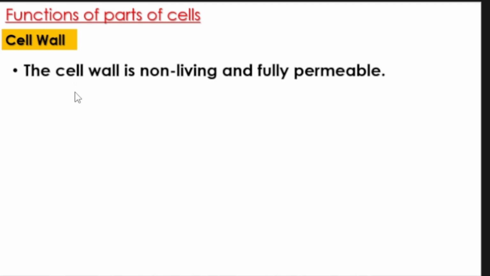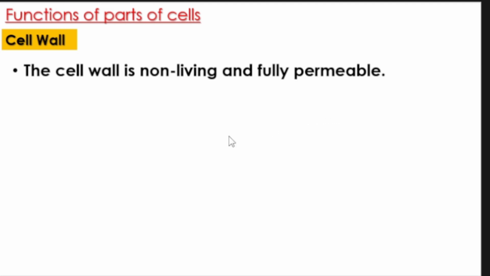It is non-living and it is fully permeable, meaning it is able to allow all materials to pass through it, going inside or outside. It's fully permeable. The word permeable means penetratable. It can allow substances to penetrate through it, those that are in solution form.